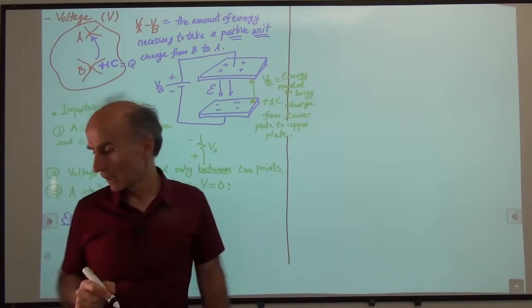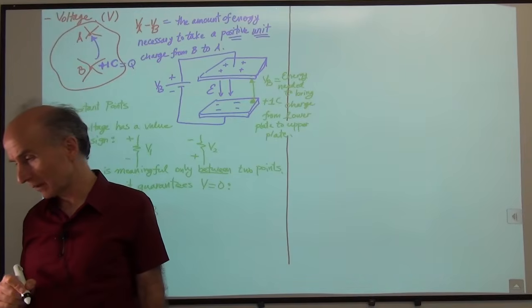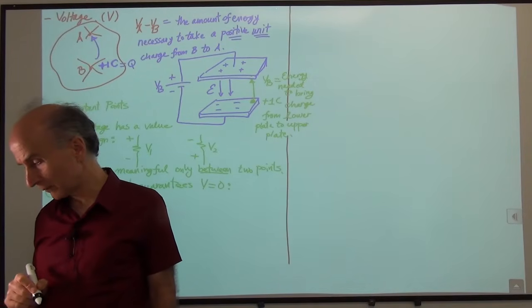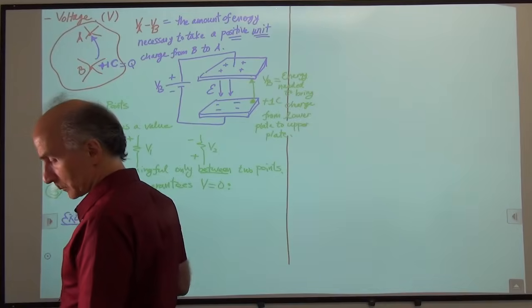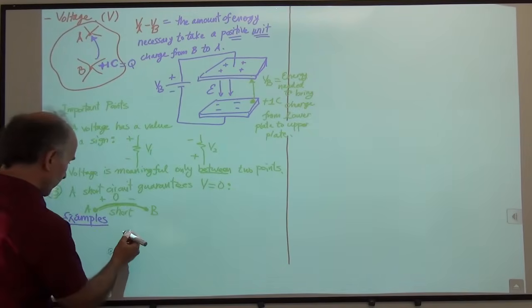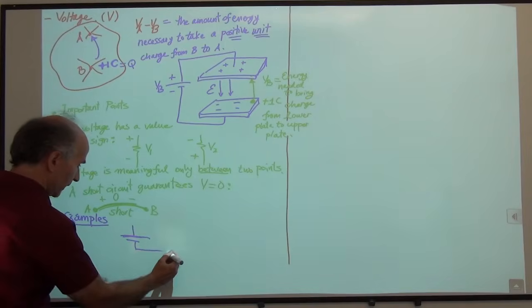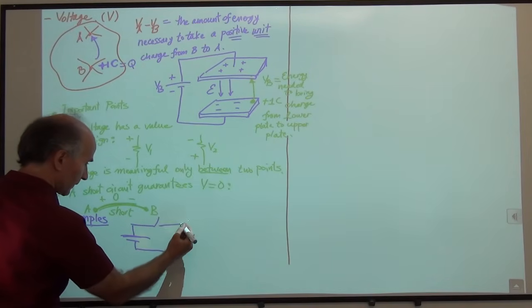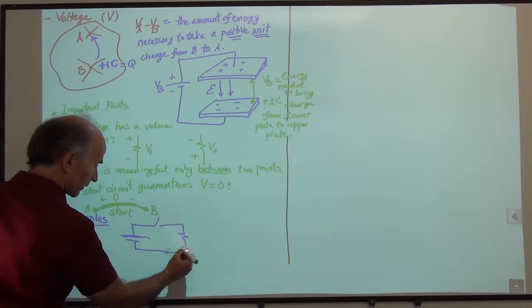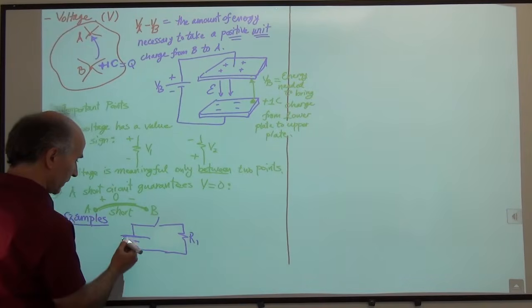Okay. One example that I have here is as follows. Suppose I have a battery like this, and I have a resistor like this, R1.